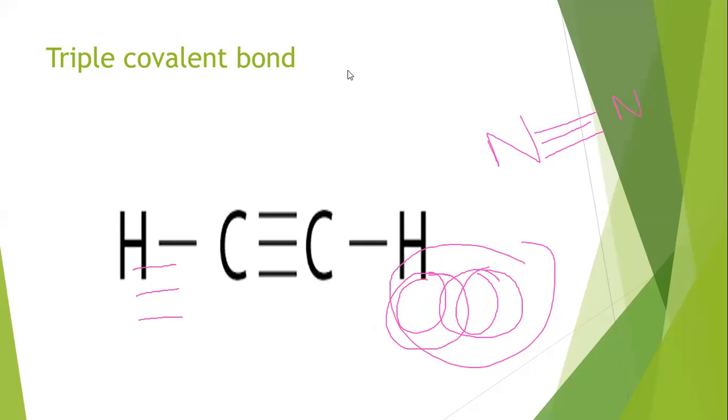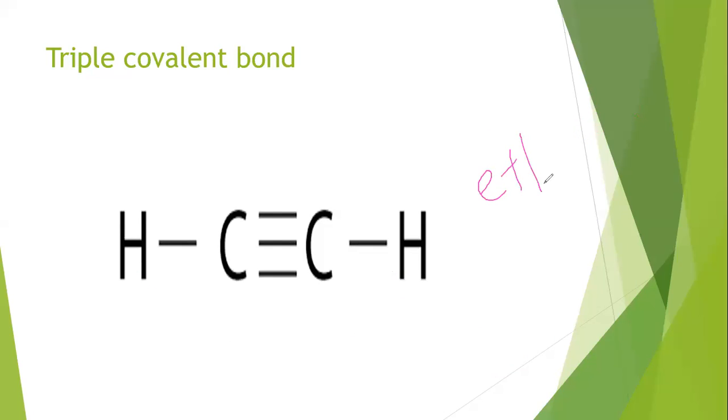Here is the last example for triple covalent bond, of ethyne. Carbon has 4 electrons in its outermost shell. So it needs 4 electrons to complete its octet. So this carbon atom makes a single covalent bond with the hydrogen and 3 bonds at a time with the other carbon atom.